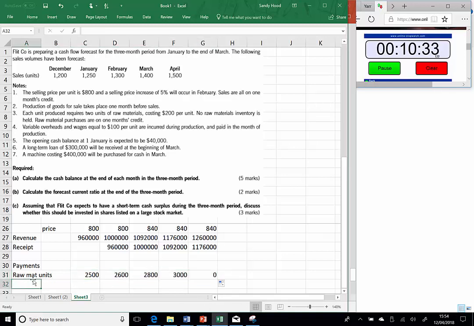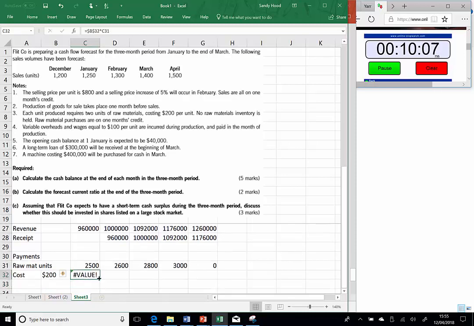And then we know that that's going to cost us $200. So I can say $200, and of course we can use our F4 times the number of raw materials, and I've managed to get something wrong there.